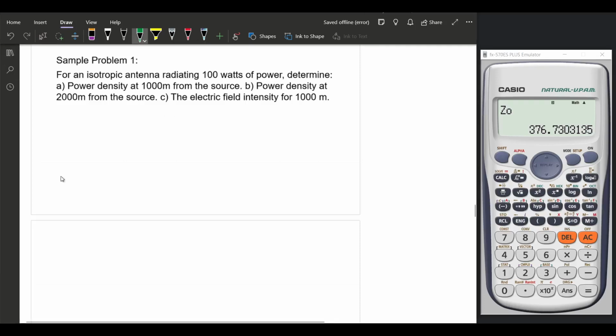Again, for part A, the power density: the power radiated is 100 watts, and the distance is 1,000 meters.